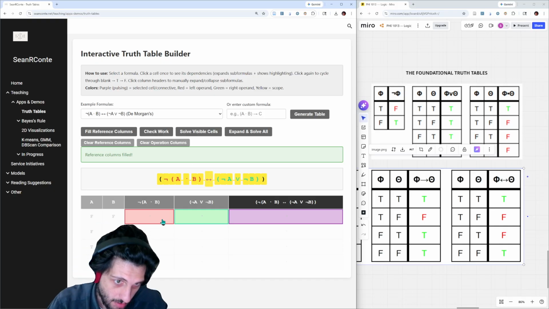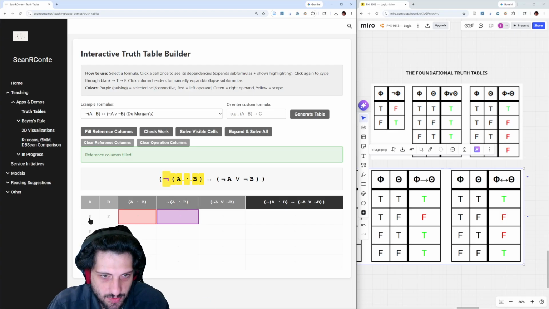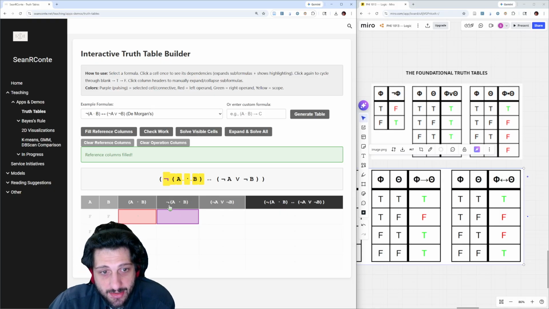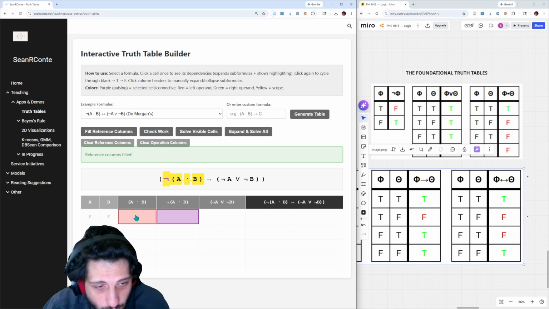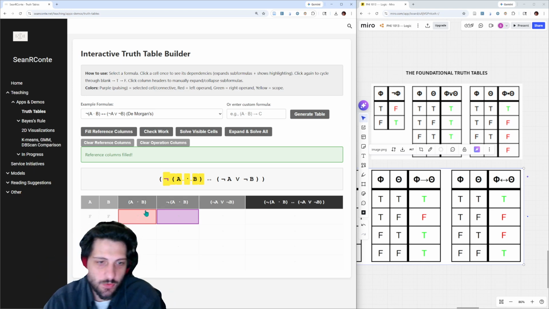So I'm going to click my not A and B. When I click not A and B, it's not directly depending on A and B yet, because it's a negation. To know that not A and B is true depends on whether A and B itself is true, because we're just going to flip that.